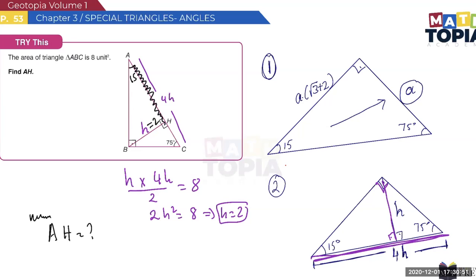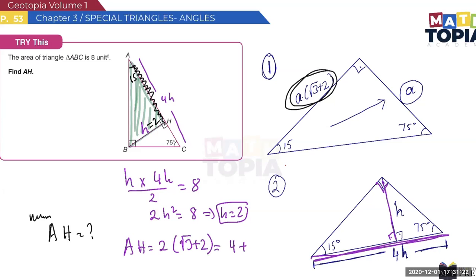Then I can see that AH, I can focus on this green triangle again, which is a 15, 75, 90 triangle, with the shortest side given. The shortest side is 2. Then I can use this property, which is AH becomes 2 times root 3 plus 2, which is 4 plus 2 root 3.